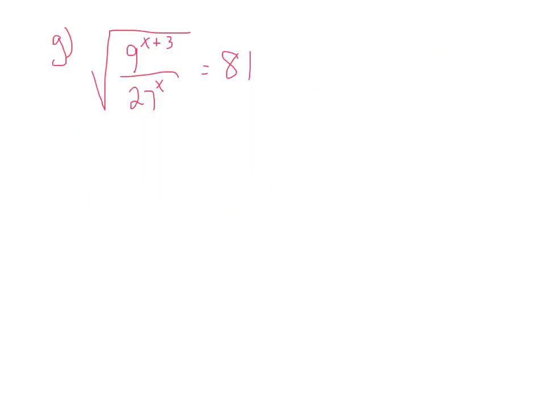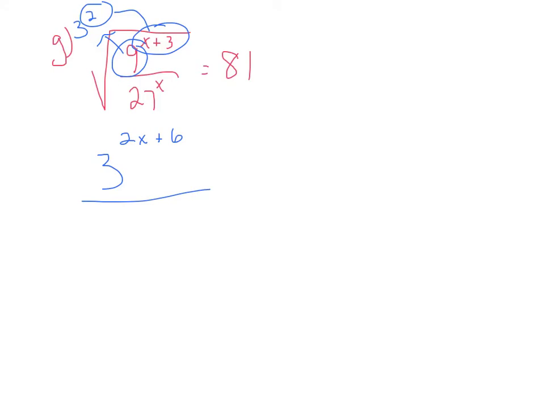Okay. Oh, getting even saucier. 9, 27, 81. What's jumping out at you? I'm thinking 3. How about you guys? So 9 is really 3 squared. But remember, when you do power to a power, you got to give it to both of these guys. So it actually says 3 to the 2x plus 6.